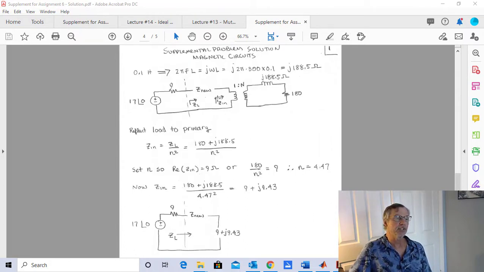And so now Z in, looking in right here, is going to be 180 plus J 188.5 divided by the turns ratio squared, or 9 plus J 9.43. Let's draw that in right here. Let's replace Z in with what we know it is. See, I've got my 9, my Z nu, and then my reflected impedance.